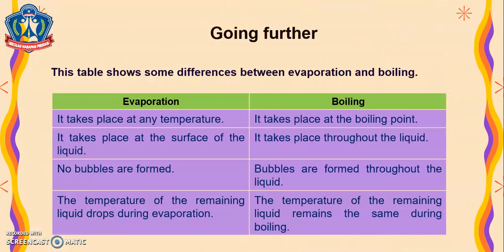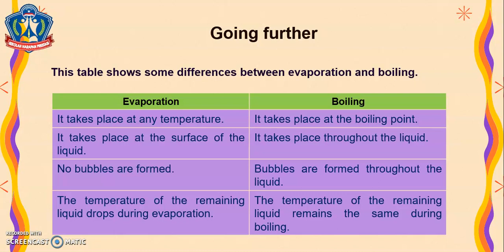Going further, this table shows some differences between evaporation and boiling. In evaporation, it takes place at any temperature, while in boiling, it takes place at the boiling point. It takes place at the surface of the liquid in evaporation, while it takes place throughout the liquid in boiling.